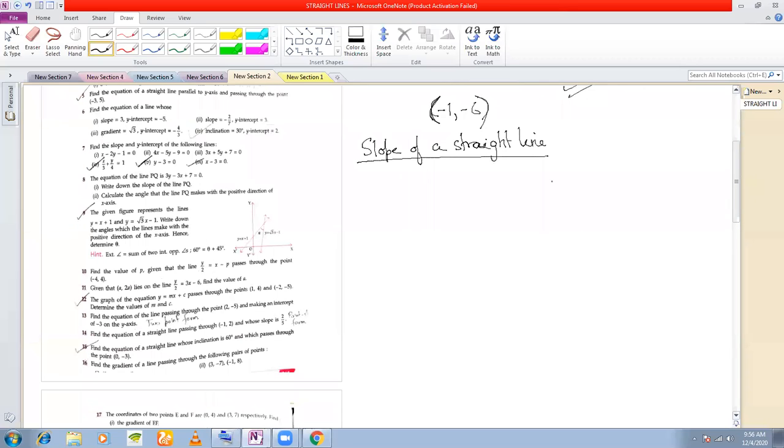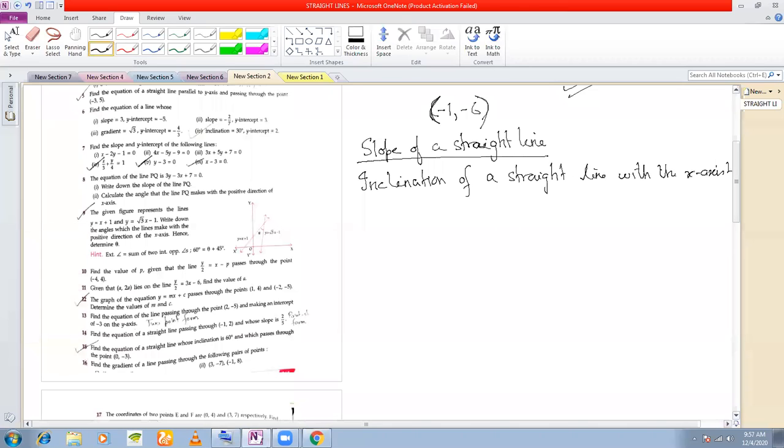Now, the slope actually means, before defining the slope, let us define the inclination of a straight line with the x-axis. Suppose you have the coordinate axes.